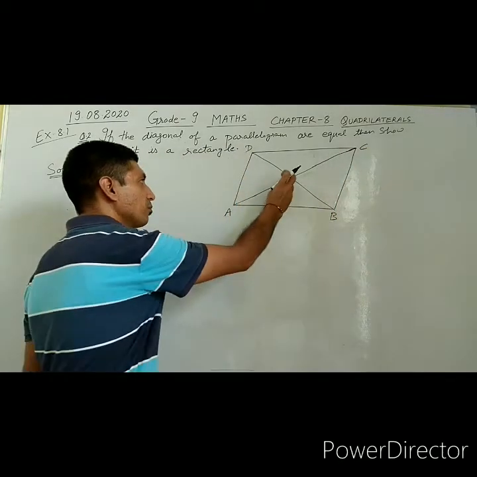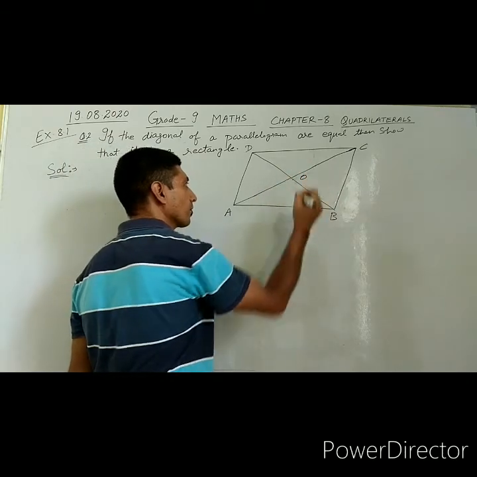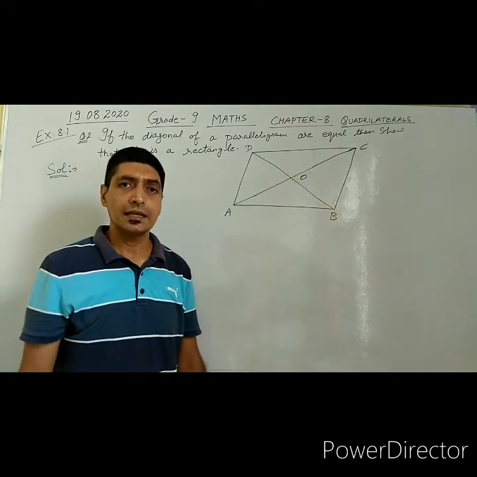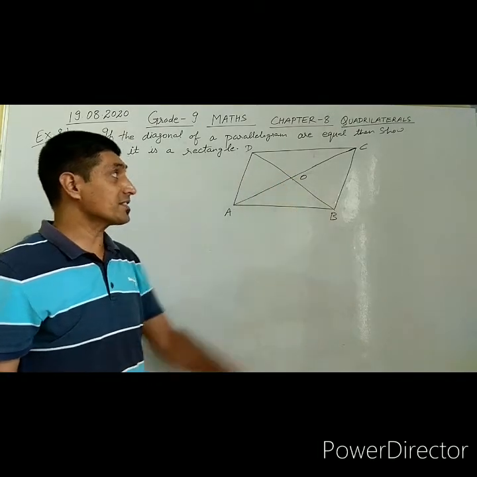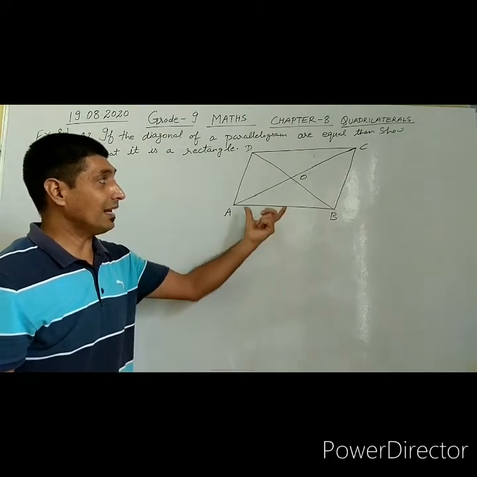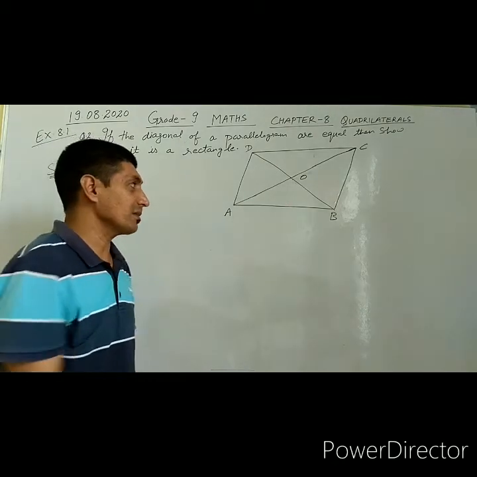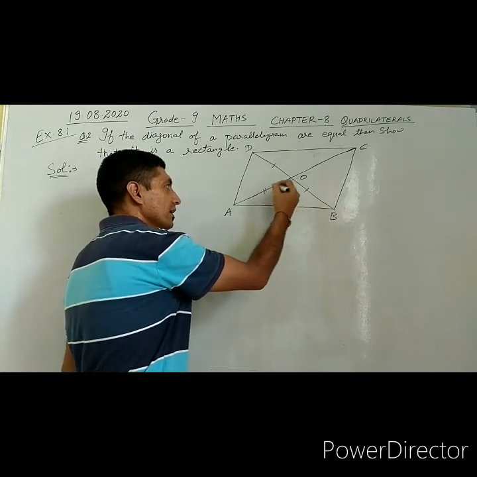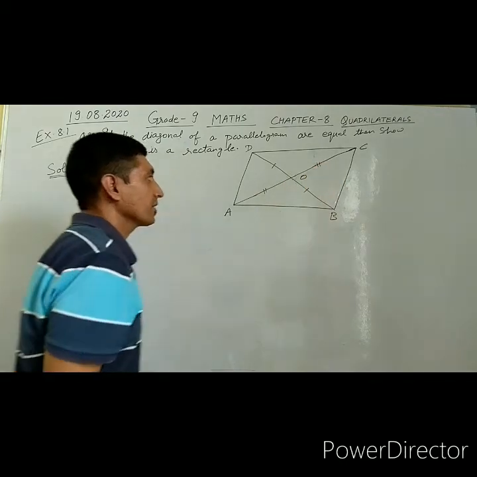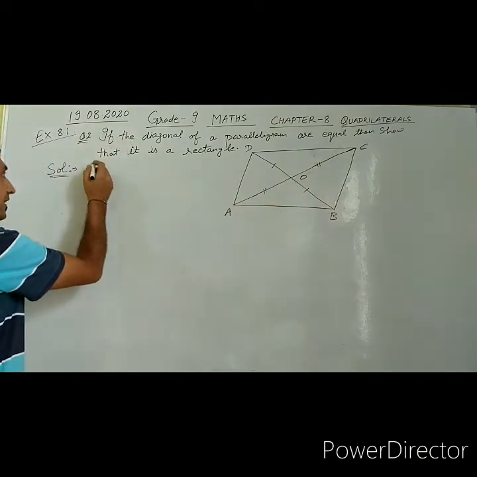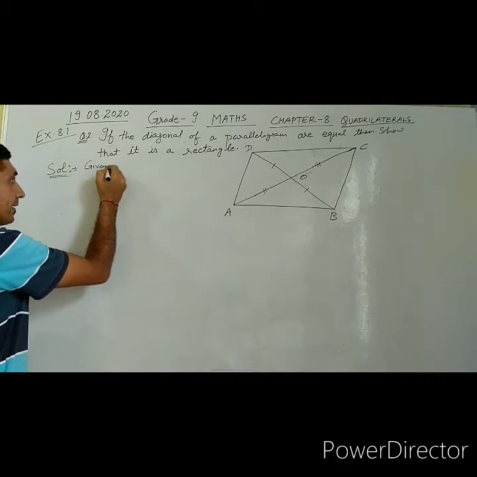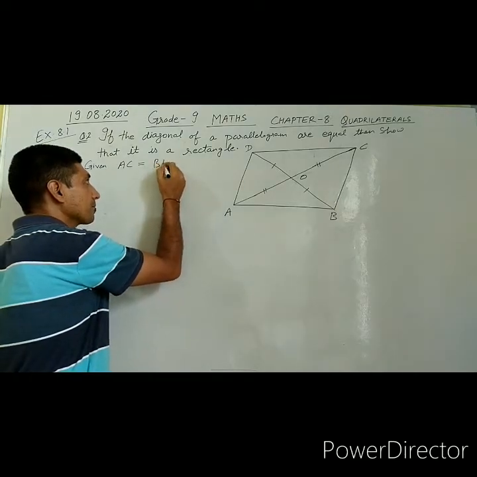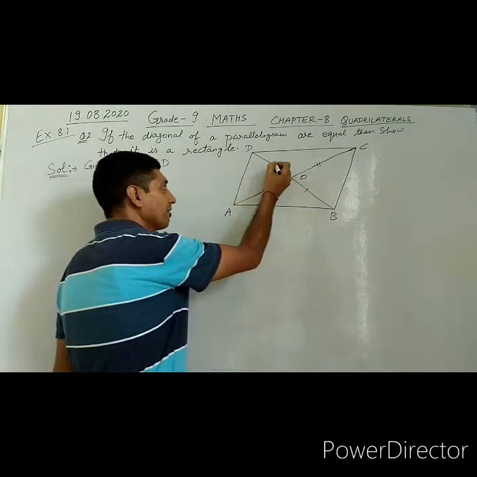So here, let this point be point O, where they intersect, and we know the property of a parallelogram that the diagonals bisect each other. Means DO is equal to BO and AO is equal to OC. But we are given that AC is equal to BD.